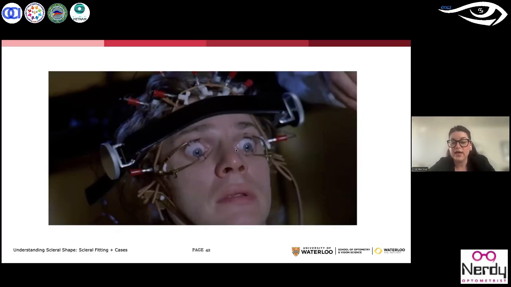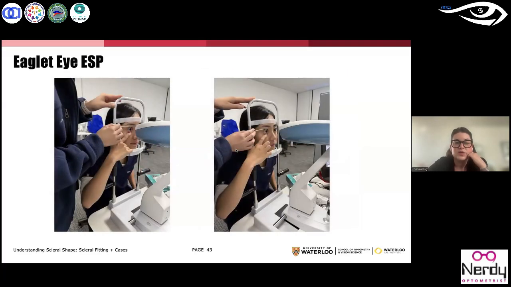You don't have to use anesthetic for these scans, but I do find it helps decrease the urge to blink so that they're better able to hold their eye open a little bit longer. These were photos we took of one of our current residents, demonstrating at the Eaglet how we have to hold those eyelids open.